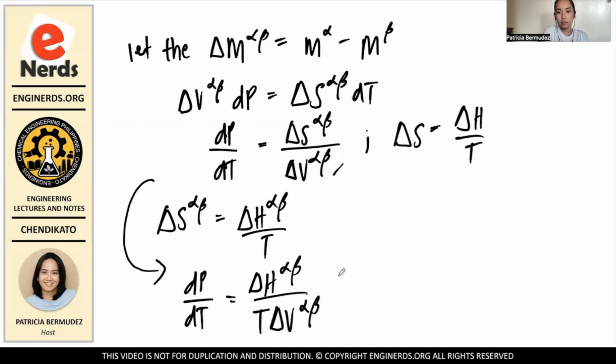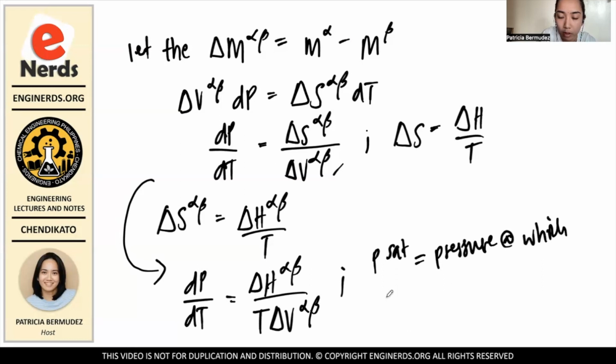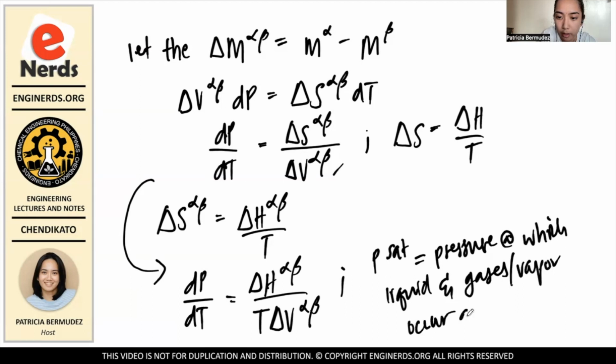Okay, and at what pressure do liquid and gases occur in equilibrium? It is at P sat, okay, saturation pressure. So P sat is equal sa pressure at which liquids and gases or vapor occur at equilibrium.